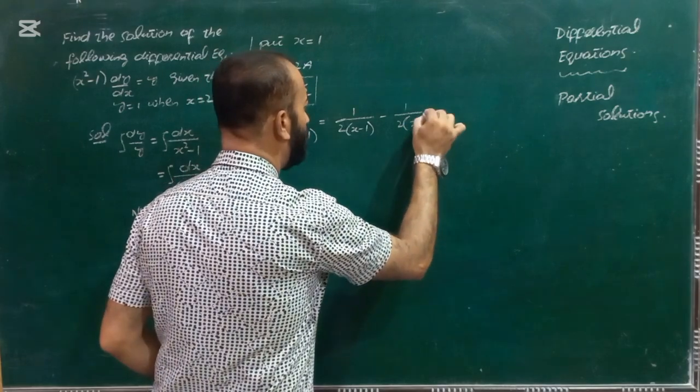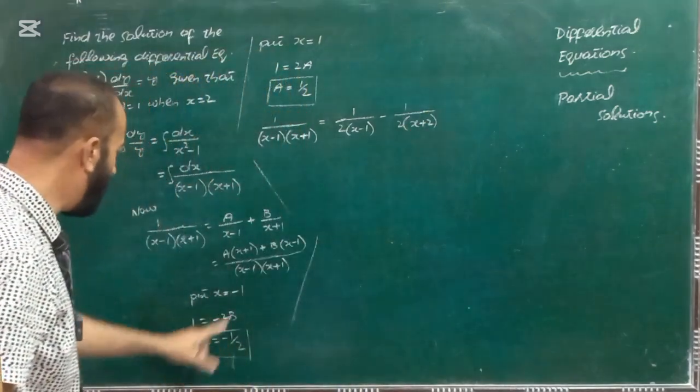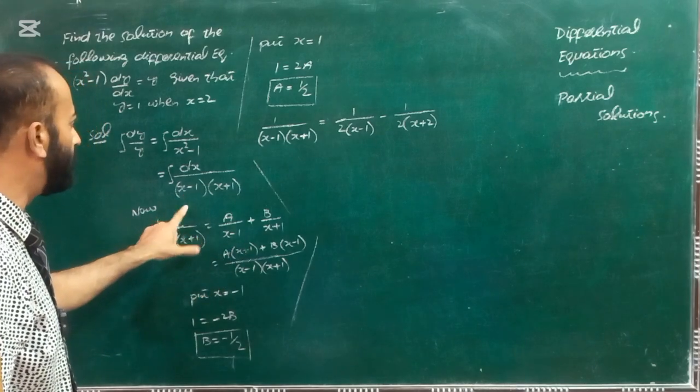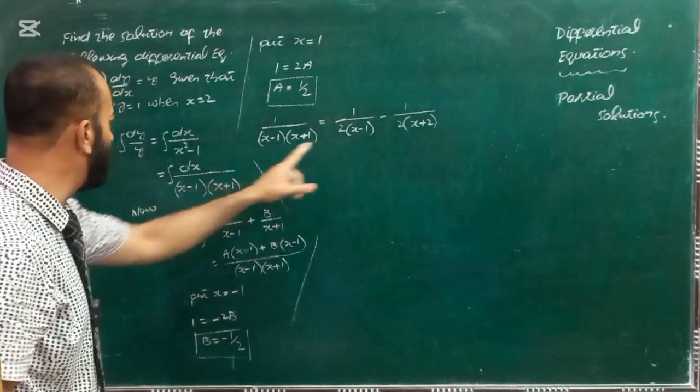So we have placed the values of a and b into this equation, and this is actually here. So this factor will be put here.